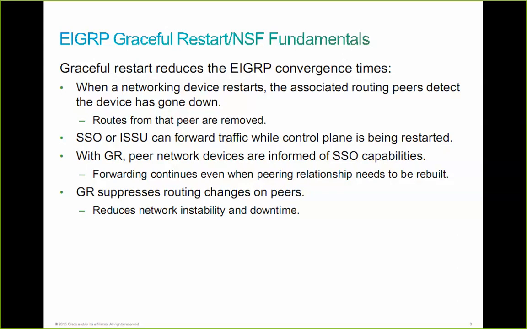So when we have a dual processor system and it supports that stateful switchover or that in-service software upgrade feature, we can continue to forward routing traffic while we're restarting the control plane on one of the two processes, whichever one we're rebooting, and the route removal and insertion doesn't occur in this case, right? Because one of the active or primary processors is performing all those routing functions while the secondary processor is being upgraded or is restarting or whatever, right?